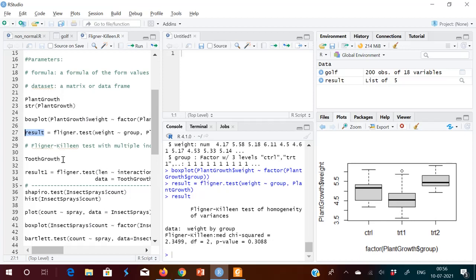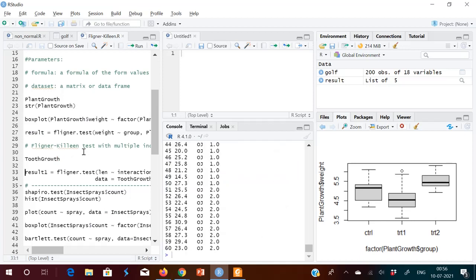Now here we did 1 versus 1. Suppose we have two or multiple independent variables. So what to do? There is a data set, ToothGrowth.